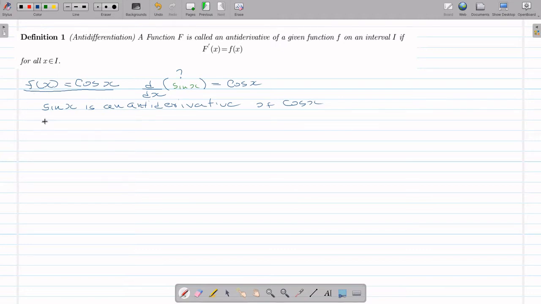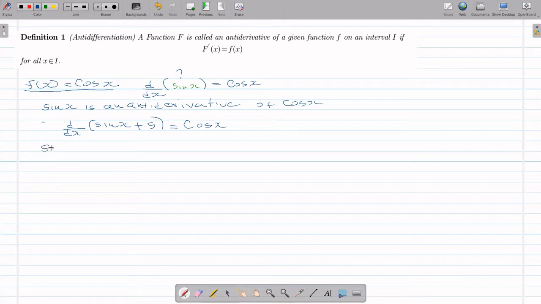If I differentiate sin x plus 5, 5 is a constant, this also gives cos x, because the derivative of sine is cos and the derivative of a constant is 0. Okay. So there is more than one antiderivative for a function.